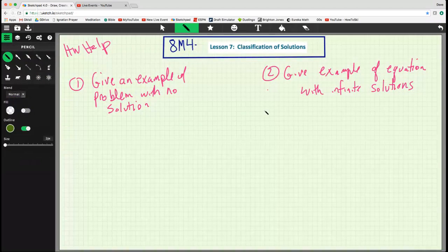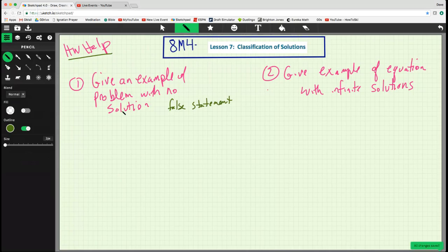So we want to give an example of a problem with no solutions. And this is something you're going to have to do on the homework, but let me show you how you do it. This is clever. So what we're going to do, if a problem has no solutions, it has to end with a false statement. So what I'm going to do is I'm going to build you a problem.